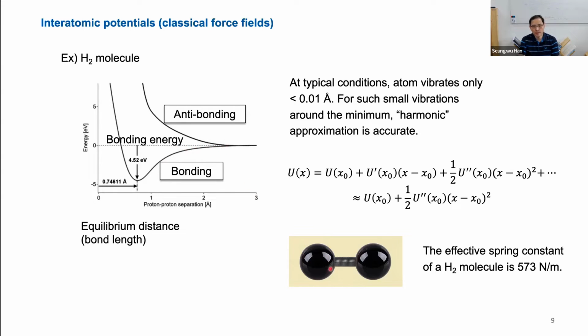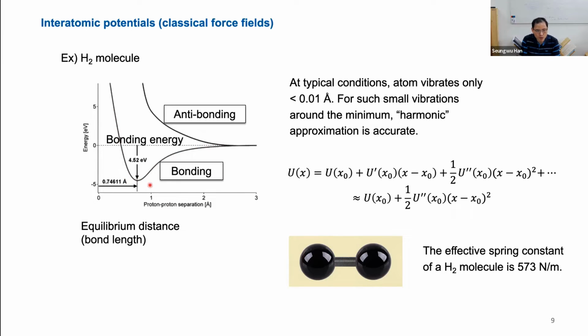You have this H2 molecule, 2 protons, and the x-axis is the proton-proton separation, and the y-axis is the energy of the system, the hydrogen molecule. This can be experimentally verified, or it can be computed using quantum mechanics, which I will discuss later. Anyway, this is a reference interaction.